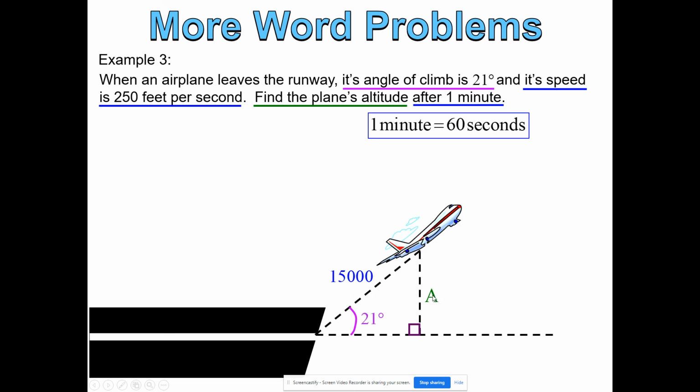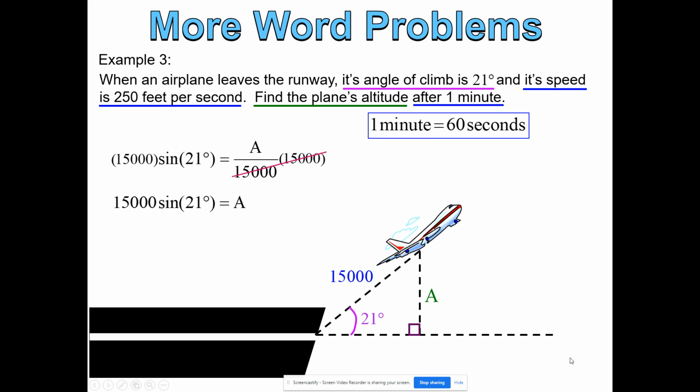So we want to find the altitude, or the height. We're given this angle, we want to find the opposite, and we're given the hypotenuse, so we use sine. Not arc sine; arc sine would be if we're trying to find the angle. Let's multiply both sides by 15,000.